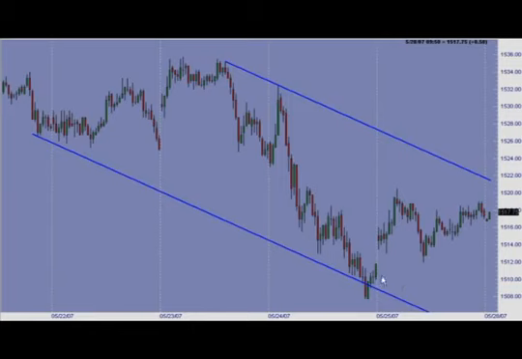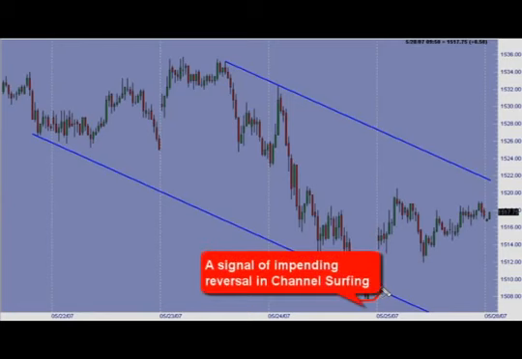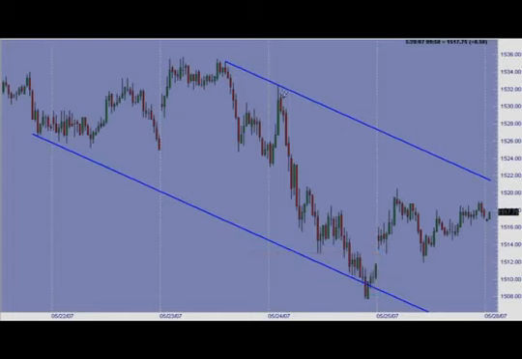And you can see we have the market extend too far here, which is a signal in channel surfing that the market's going to reverse direction. Just in line with that is, of course, a reversal. And that reversal is off of a couple of substantial points where we would expect a strong reversal. The end result is we have a reversal right in line with the channel surfing technique.